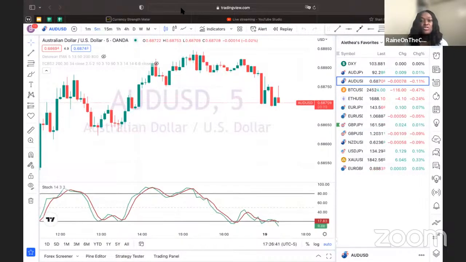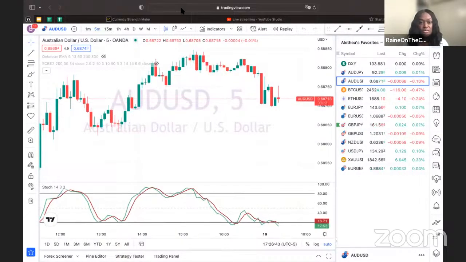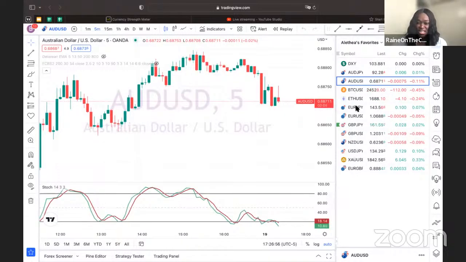And I may also do GBP CHF, versus the Swiss franc, right? Those are my top 3 that I look for. I know it says Alethea's favorites and there are like a million here, but it's a combination of my GBP pairs and pairs for binary options, which is a whole other thing for another call, right?